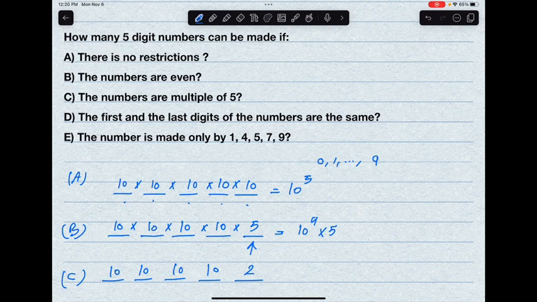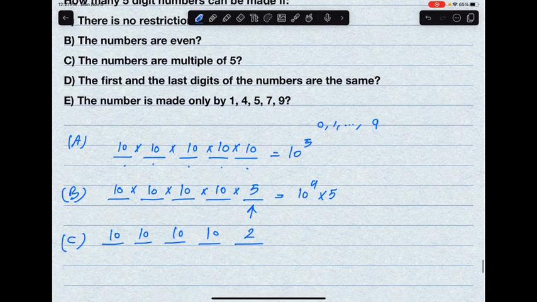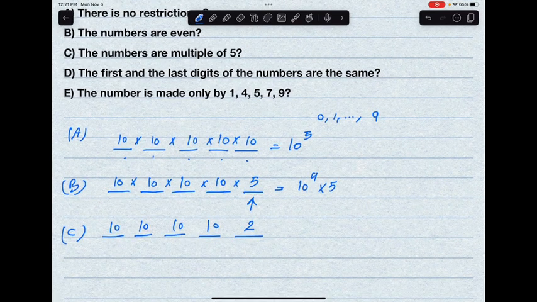We are going to have 5-digit numbers. So for the first digit, it can't be 0, so maybe here we say 9, because if it's 0 we're going to have a 4-digit number. We can just ignore the left digits if it's 0.